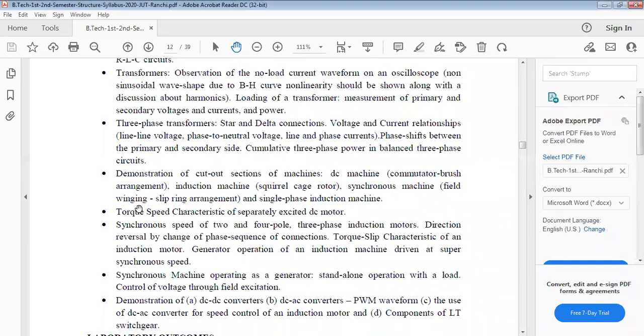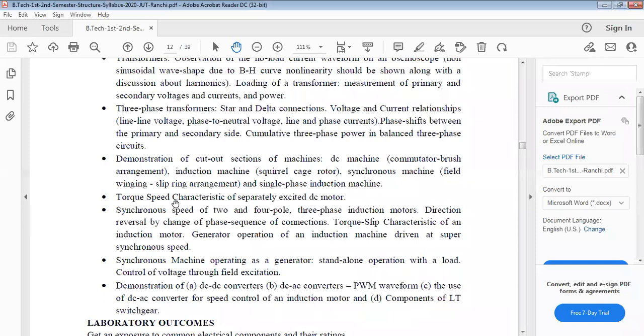The next experiment is about the torque speed characteristics of a separately excited DC motor. It is also an experiment on the DC motor. In this experiment, we can see the characteristics of the DC motor, how the DC motor behaves.